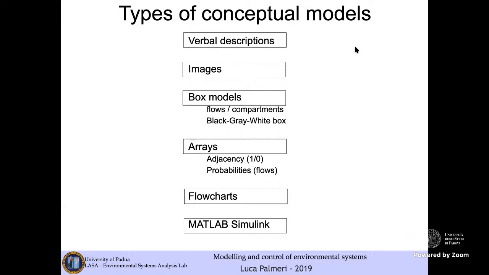Flowcharts are a description of processes in which you introduce exactly the same abstractions by describing, for example, storages by using boxes, and you describe exchanges between different storages by using arrows. So again, we are in the box and flow. We are using the box and flow description.